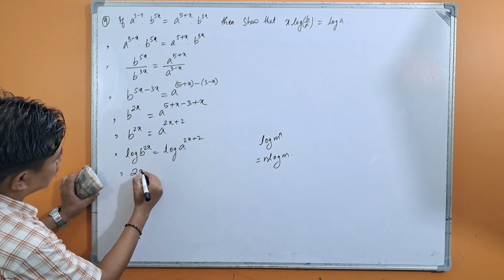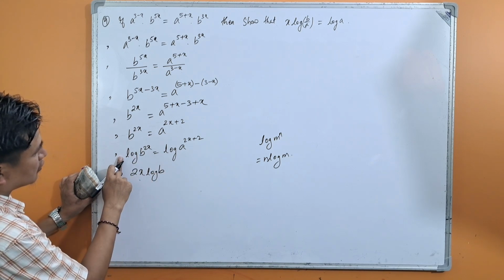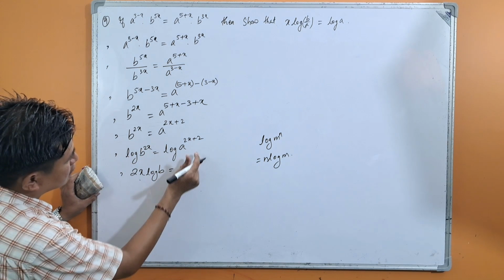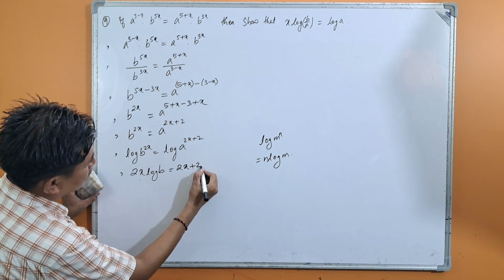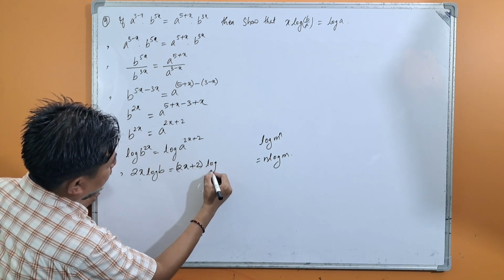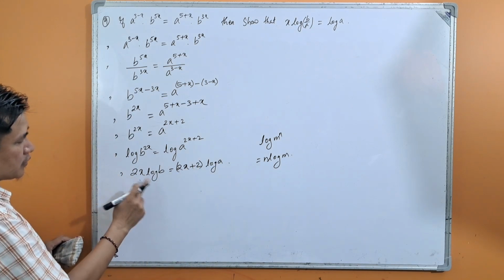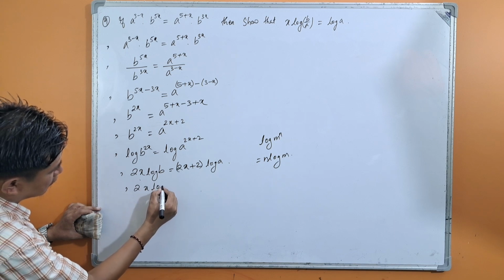2x log b, 2x comes before log b, okay, 2x log b equal to 2x plus 2, and then log a. This 2 we can cancel by taking common.